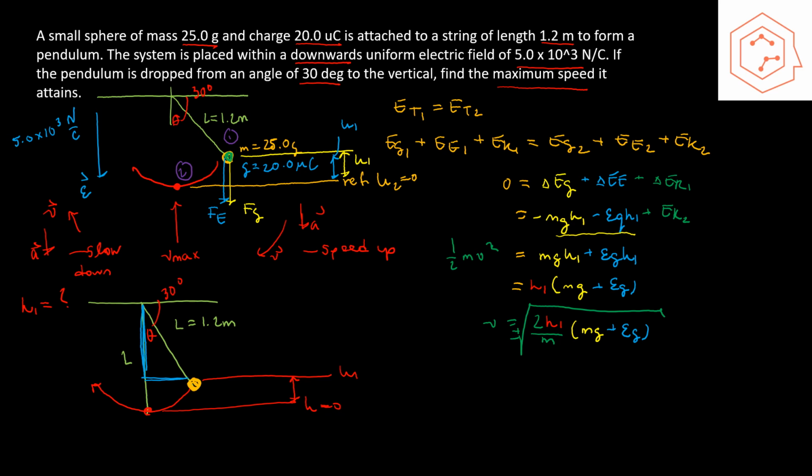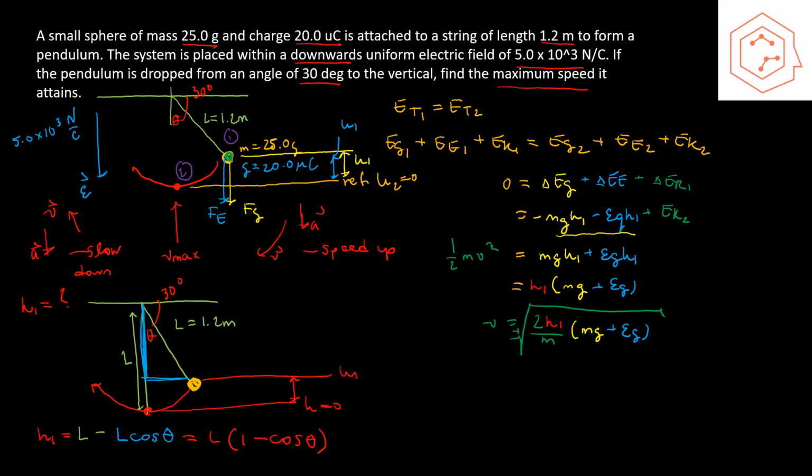So H1 is equal to L, which is the entire left side, minus the blue portion, which is the adjacent side of our triangle, or L cos theta, and we can factor out L. We get H1 is equal to L, 1 minus cos theta.